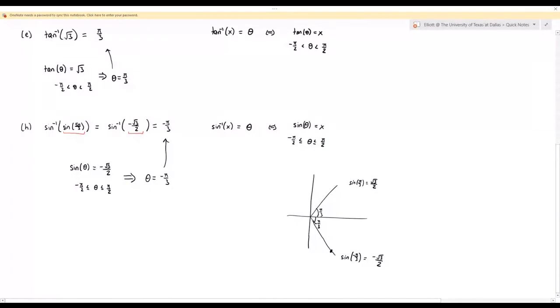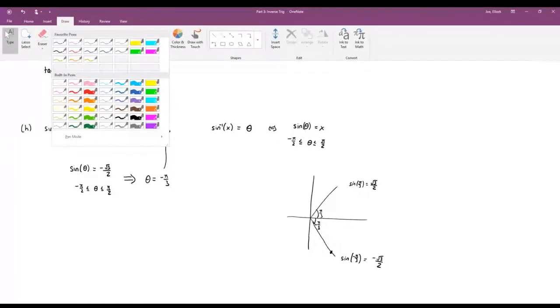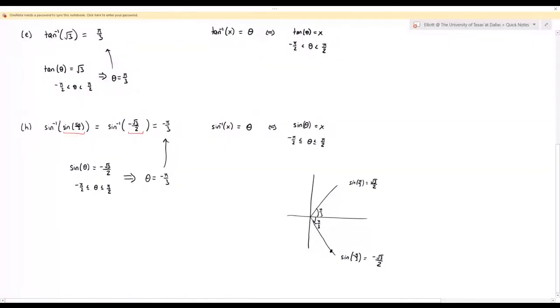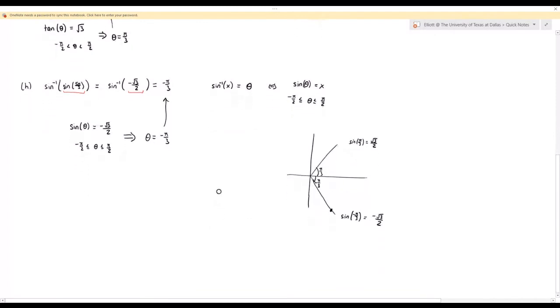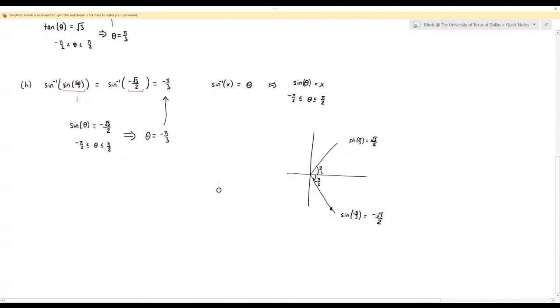I don't understand. Shouldn't it be 5 pi over 3? Yeah, so that's a good question. You were maybe thinking the answer was 5 pi over 3 because sine of 5 pi over 3 is already equal to minus root 3 over 2.